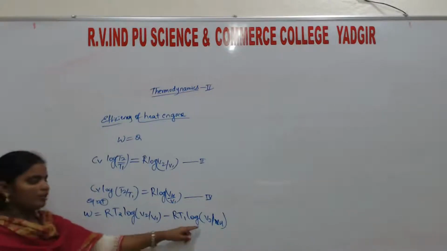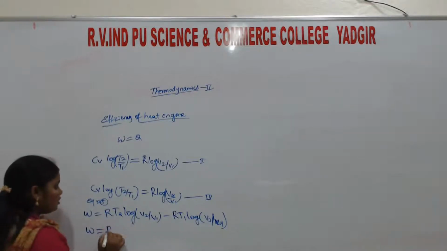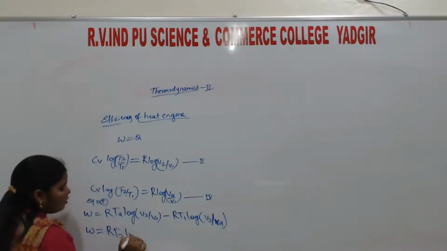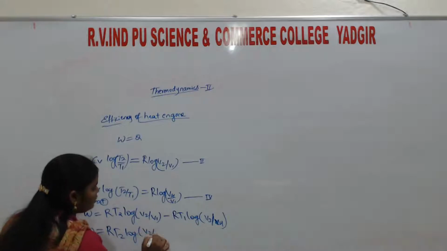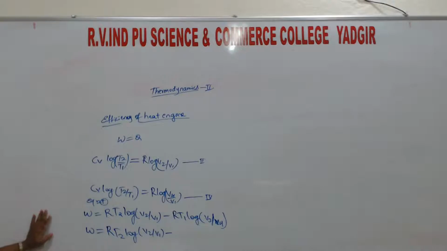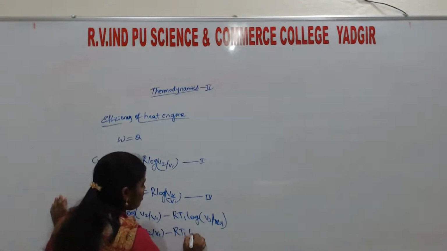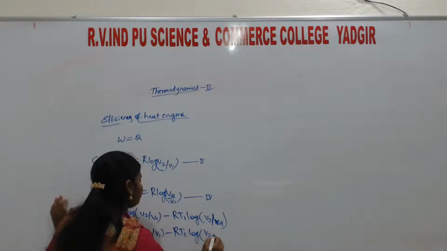Writing V3 by V4 as V2 by V1, W is equal to RT2 log of V2 by V1 minus RT1 log of V2 by V1.